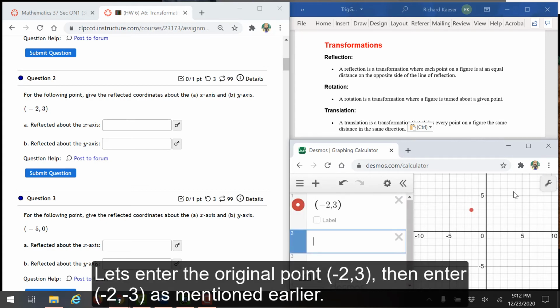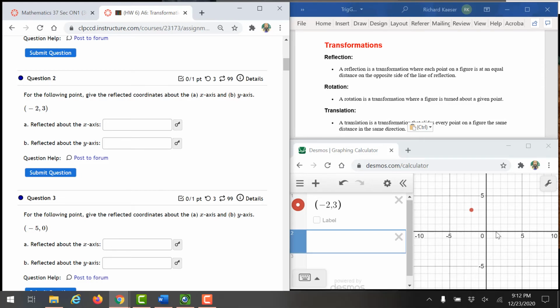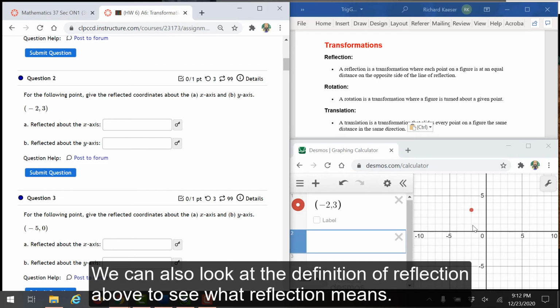Let's enter the original point, -2, 3. Then enter -2, -3 as mentioned earlier. We can also look at the definition of reflection above to see what reflection means.